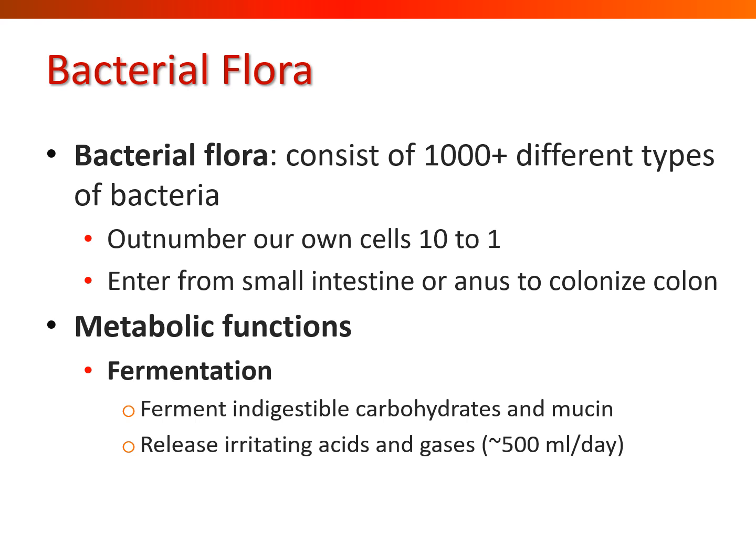So the bacteria are going to be doing the metabolic functions as opposed to the glands of the large intestine, because we don't have enzymes being produced there. It's all about the bacteria and the enzymes they're producing. So the bacteria are going to be doing something called fermentation, which is going to be taking indigestible carbohydrates and mucin and breaking it down. And this is what's going to be releasing the irritating acids and gases that we can find in our large intestine.